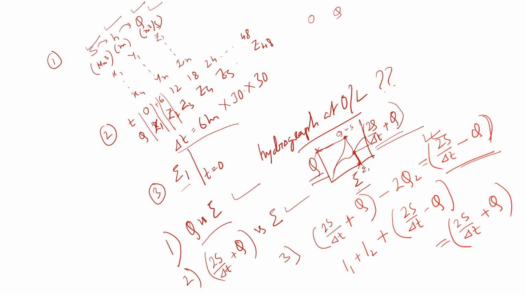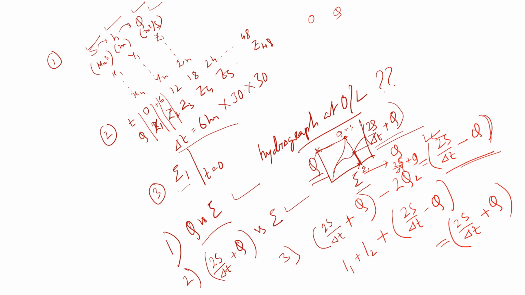Now from the graph, again I go to the graph. So this part you understand, elevation is there, you get elevation. For that initial elevation, what is the Q, what is the 2S by del T plus Q from this graph. That is I think clear.